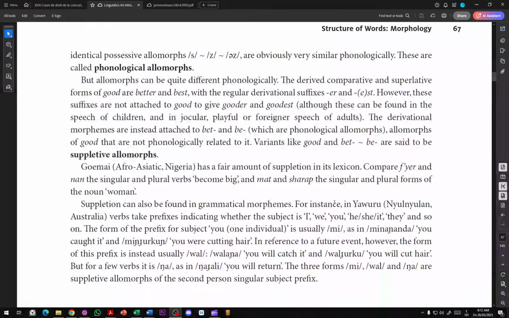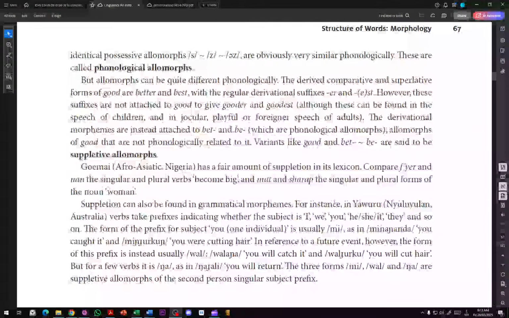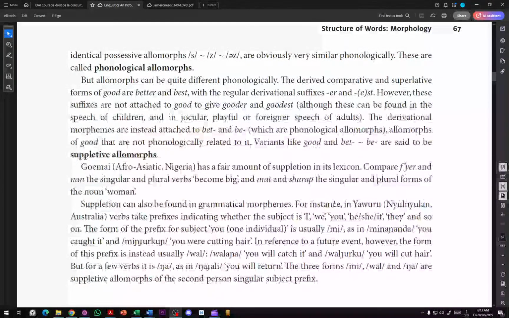For instance, in Yawuru, a Nyulnyulan language found in Australia, verbs take prefixes indicating whether the subject is I, we, you, he, she, it, they, and so on.